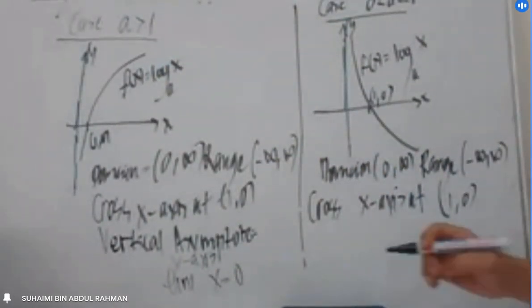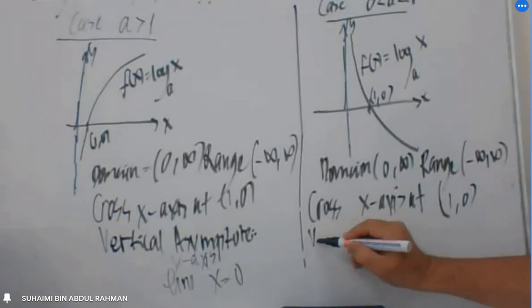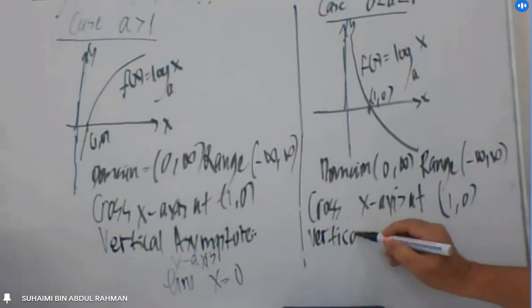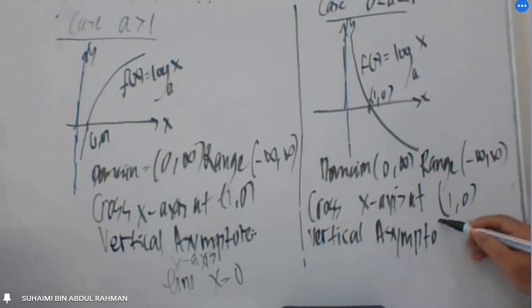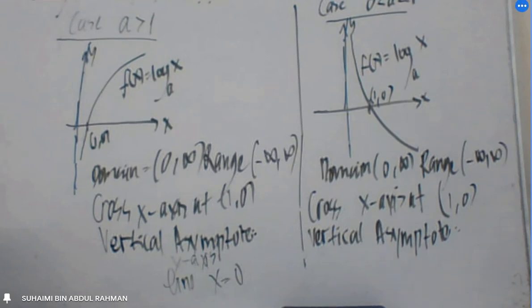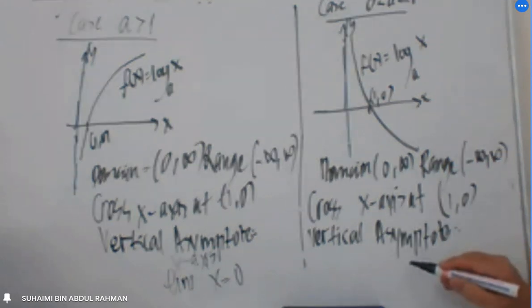So similarly here, we are going to have a vertical asymptote. Where is the location of the vertical asymptote?